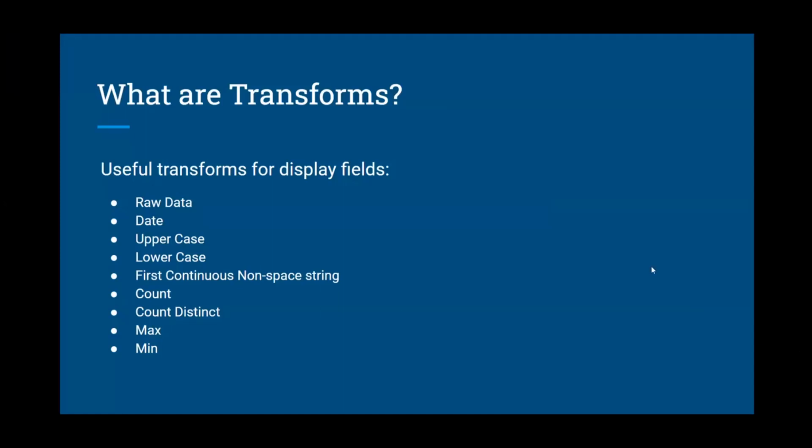And I think some of them are more useful than others. Some of them really impact the way the report actually functions, and some of them are just aesthetic. So uppercase and lowercase are a little bit of both. Uppercase is generally going to be aesthetic. It's something that you can apply when you are just trying to make something more readable.